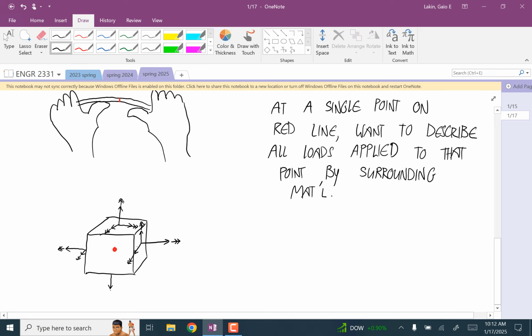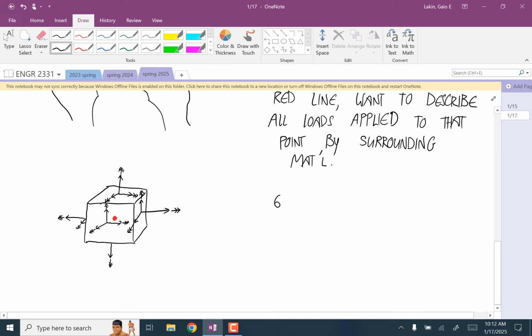So here you have force, and I'm just trying to make it look, when you look back at this, like, okay, on every one of these faces, we have 3 force components and 3 couple components. How many faces are there on a cube? 6. Yep, so 6 faces.